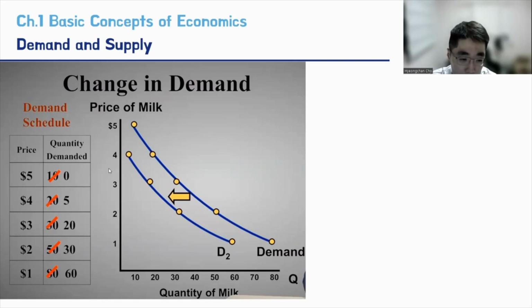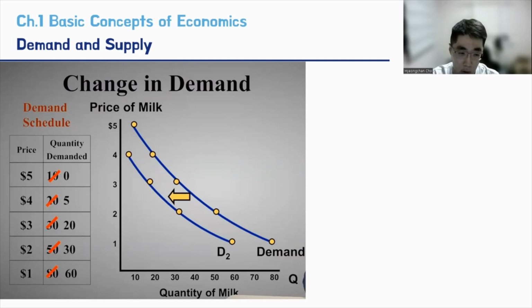Then we can say there is a new combination at price 4. So like this, the whole combination moves left because of the negative issues. So we can say the switch of combinations in the demand curve happens with a demand increase.